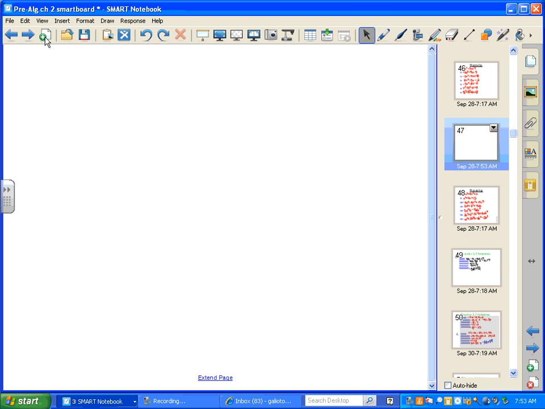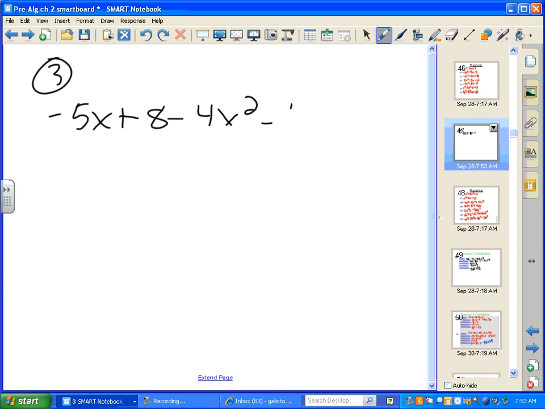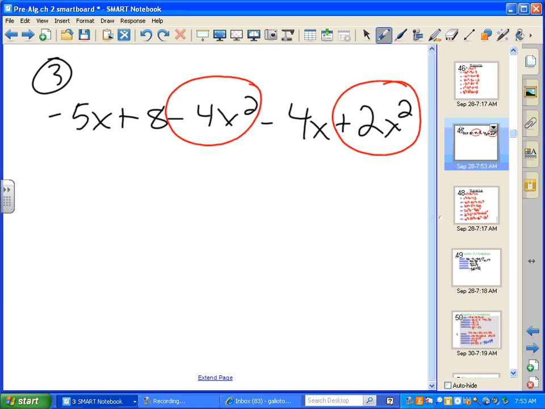We have negative 5x plus 8 minus 4x squared minus 4x plus 2x squared. Okay, Annalise, 4x squared, is there a like term that goes with this? Okay, what is it? Good, so what's negative 4x squared plus 2x squared? Okay, what's negative 4 plus 2?